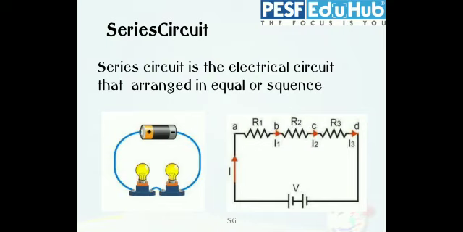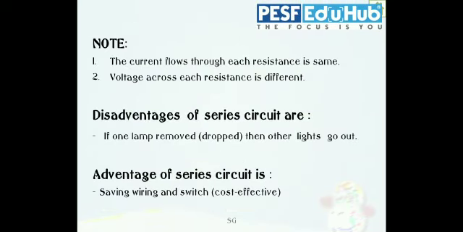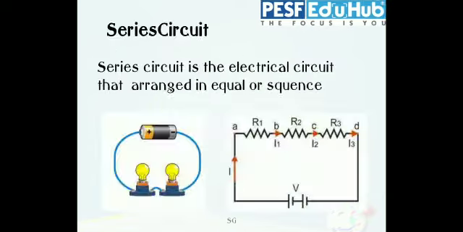In a series circuit, the current flowing through each resistance is the same, but the voltage across each resistance is different. See the note. What is the disadvantage of this circuit? If one lamp is removed or dropped, then the other lights go out. Why? Because assuming that I am replacing R1 with a lamp L1, R2 with a lamp L2 and R3 with a lamp L3.